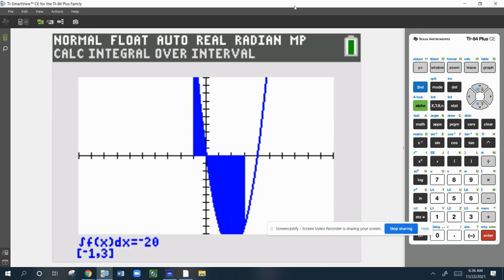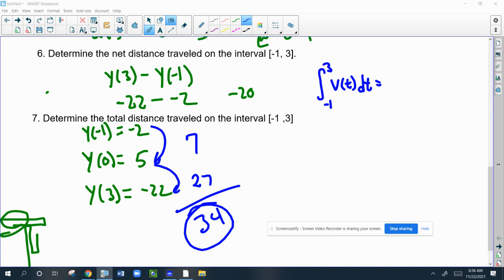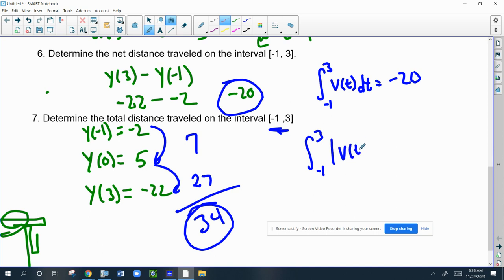So that was a real quick way to get that -20. So you might be thinking, well, that wasn't hard to get -20 to begin with. All we did was plug in numbers. But the total distance was a little bit more complicated. The total distance is that same integral from -1 to 3, but of the speed, or the absolute value of the velocity.